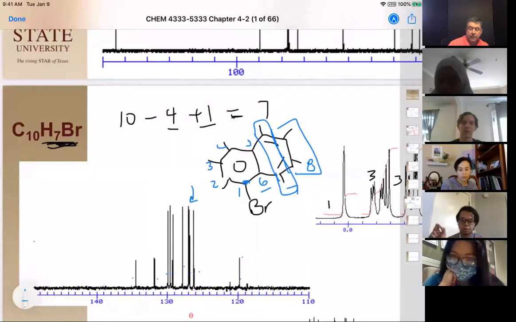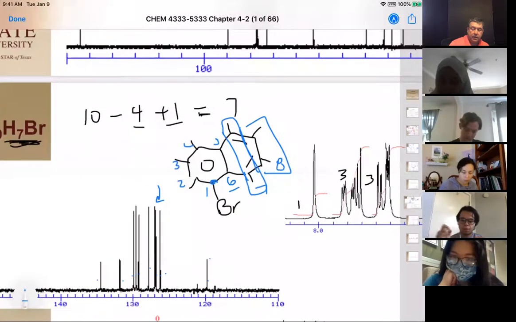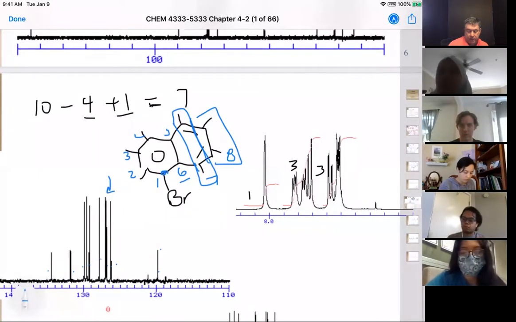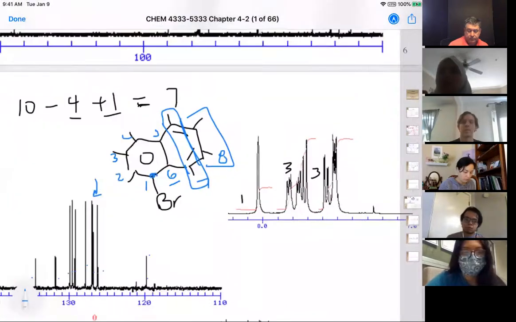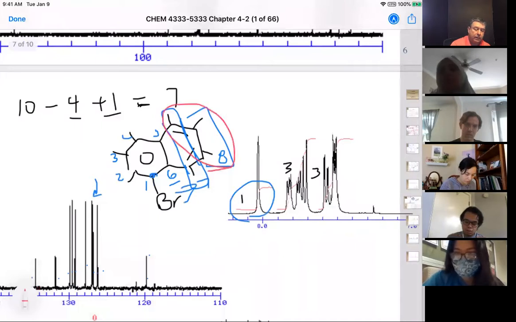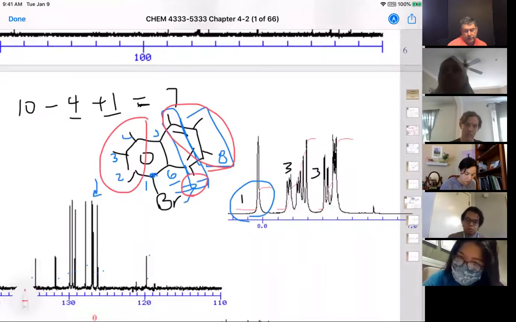Okay, so let's look at our proton here. We have 1, 3, and 3. So that means 1 is shifted up away from the others, and I bet it's that through space 1 there. So for hydrogens, I think we have a 3 here, 3 here, and then the 1 here. No, that doesn't, yeah.